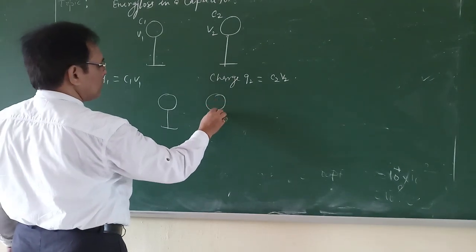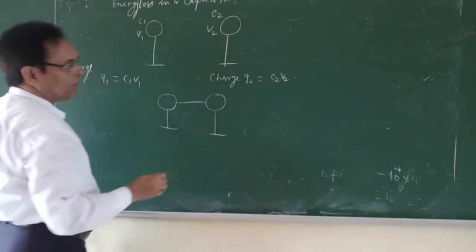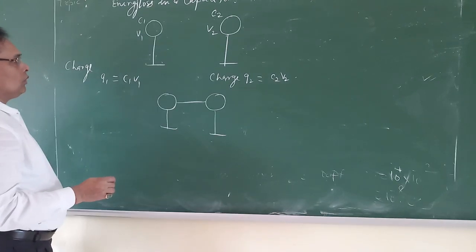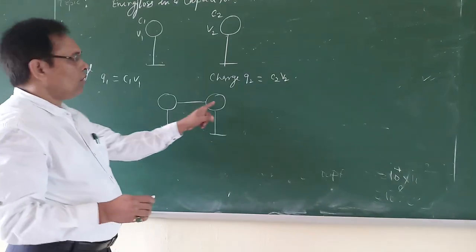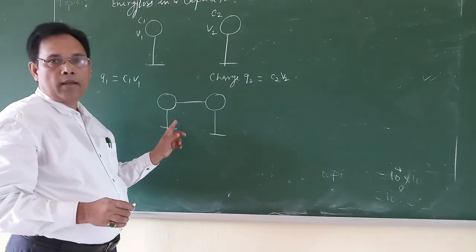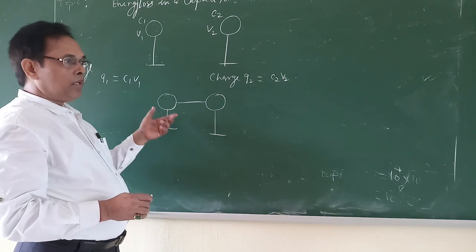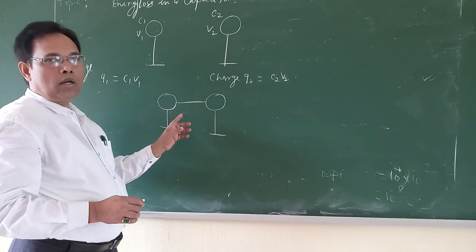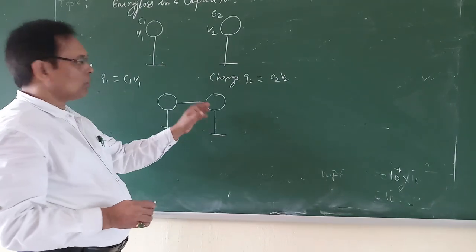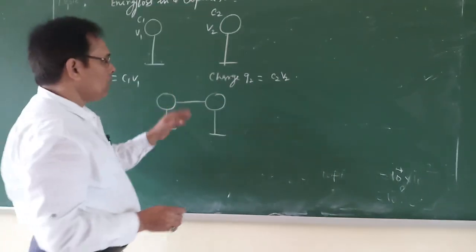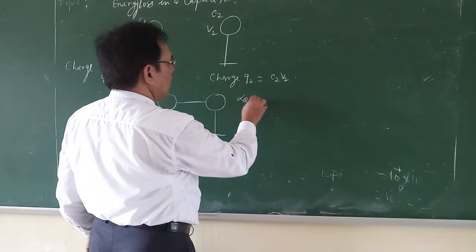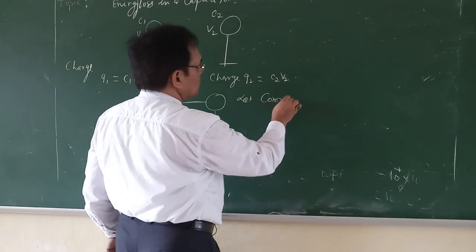These two are connected with a conducting wire. So there will be flow of charge between these two capacitors, and it will continue until the potential across both capacitors becomes equal.